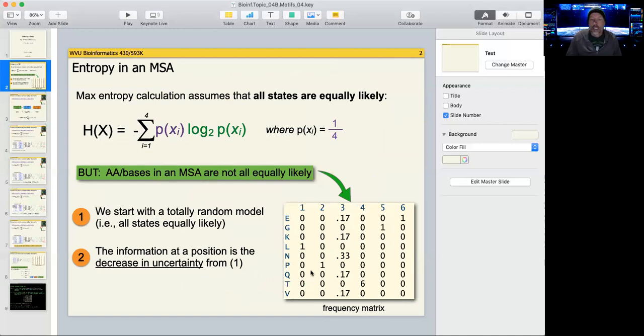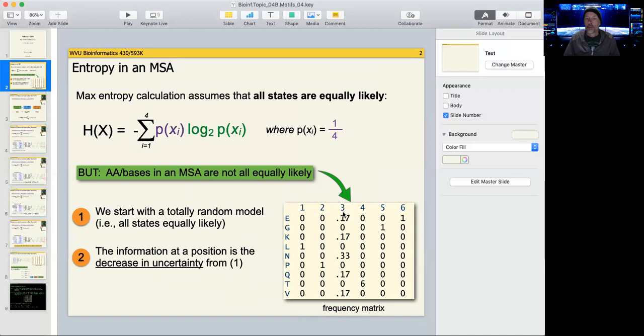The uncertainty in this position is 0. Based on the information we have, there is no uncertainty. We are totally certain that this position contains a leucine. That means the information we have here is at its highest level. We have the most information. It is a leucine. There is no wiggle room.